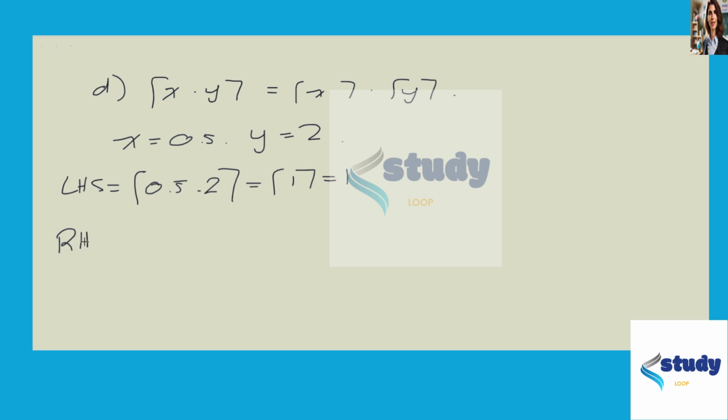The right-hand side is ceiling of 0.5 times ceiling of 2. Ceiling of 0.5 gives you 1, and ceiling of 2 gives you 2. 1 times 2 gives you 2, which is not equal to the left-hand side.